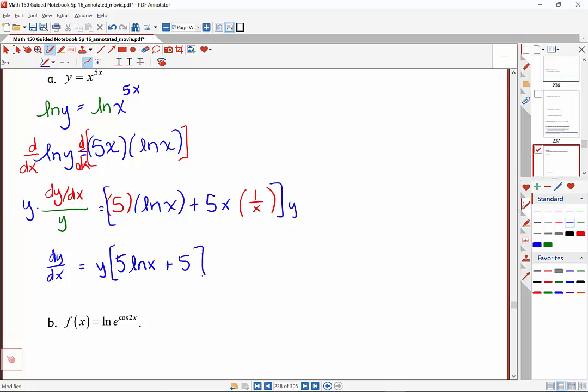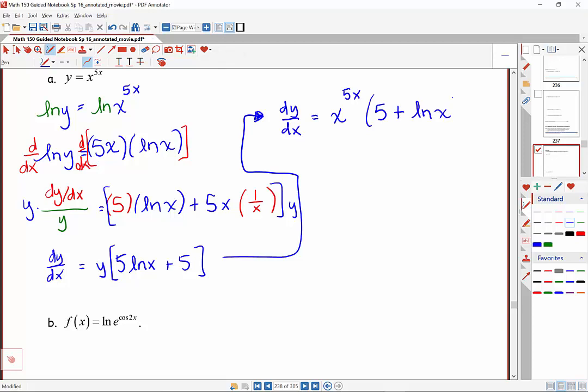But what was y in the first place? Beautiful. y was x raised to the 5x. So dy/dx will be equal to x raised to the 5x times the quantity, I'm just going to commute the terms here, 5 plus natural log of x. And we're all done. How'd you do?